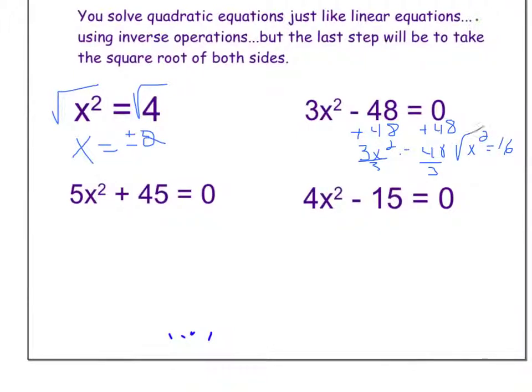The square root, since I'm writing in that symbol, showing the opposite of squaring is taking the square root, it's going to be both the positive and negative 4. And don't forget to check by plugging back in. Alright, so I'd like you to pause right now and attempt these two problems, see if you can do them on your own, and then check back to see if you got it correct.